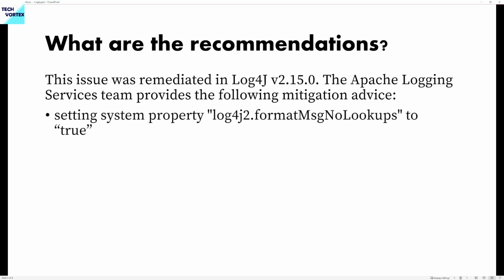But if you don't have the ability to do the upgrade right now, because it might be related to the development team, and some companies outsource development so they may not have responsible people right now to do this sort of upgrading, they can modify the default behavior of Log4j if they are running version 2 or above, to disable the message lookup format by setting this system property to true.